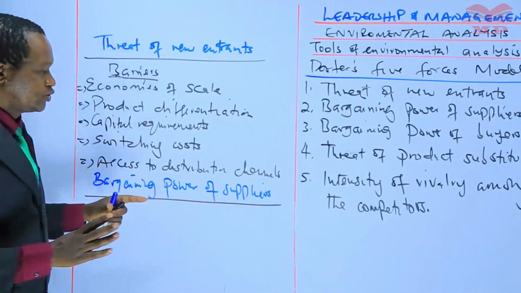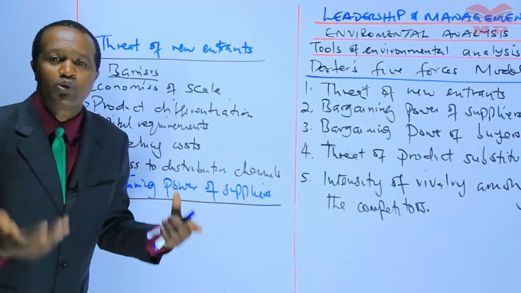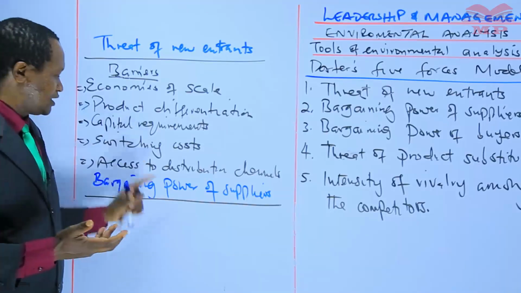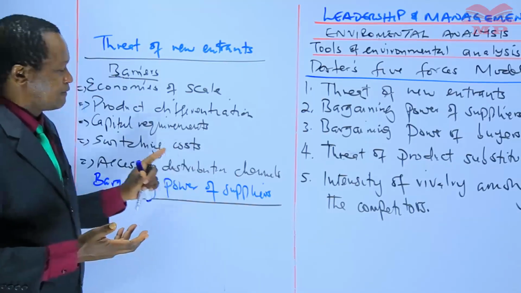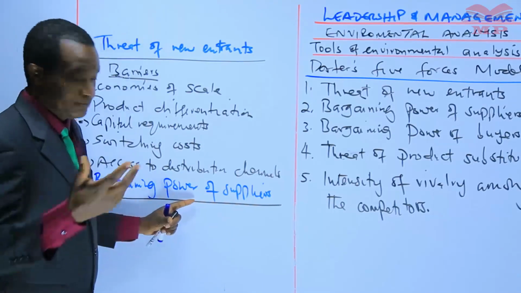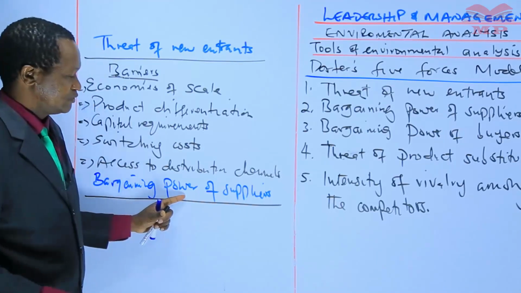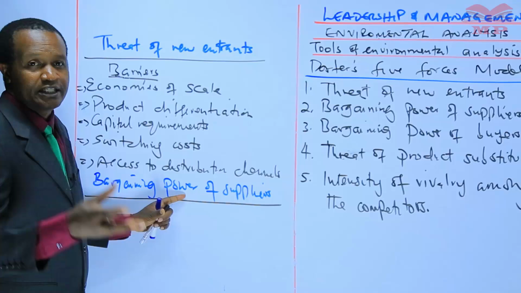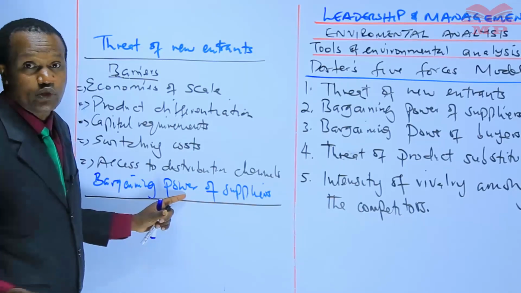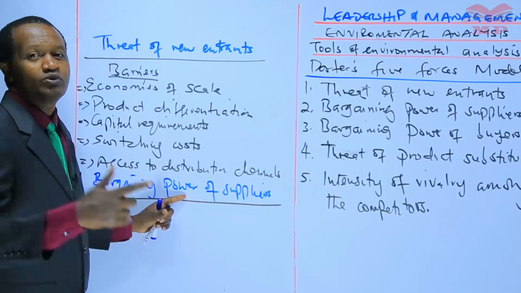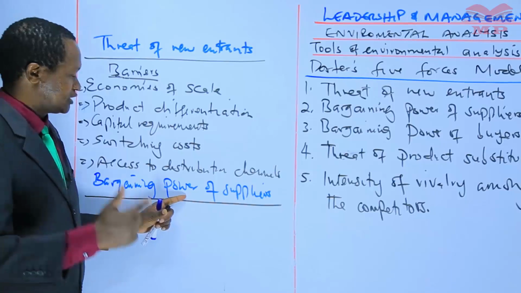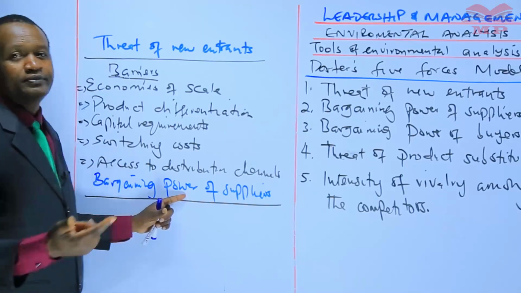We are talking of a situation where maybe even the supplier is a monopoly. So suppliers will have power if the supplier enjoys monopoly, or there are very few of them. They can collude and dictate the prices that are to be sold in a given industry. That is one condition that may make suppliers have power.